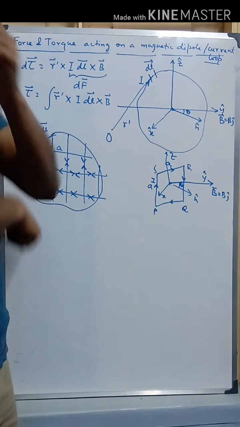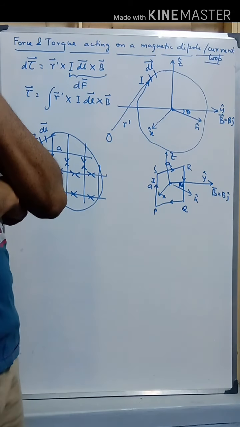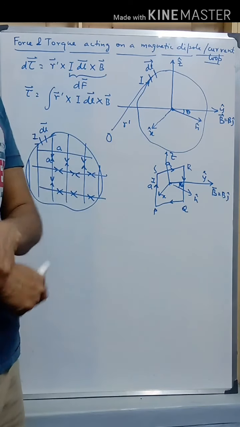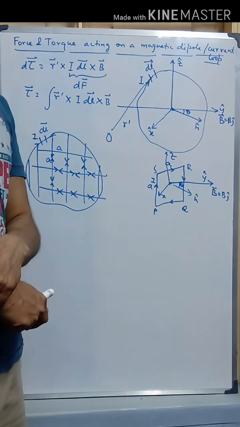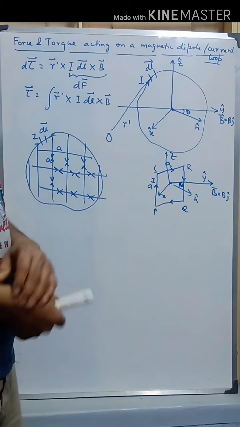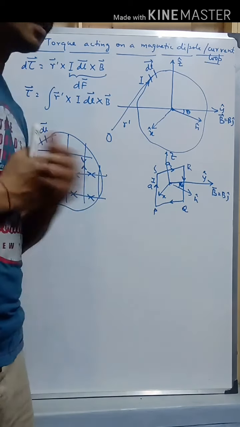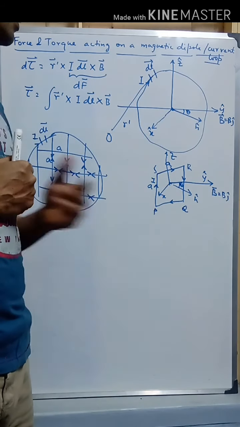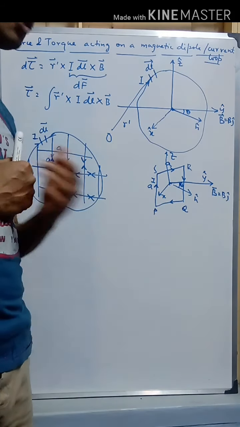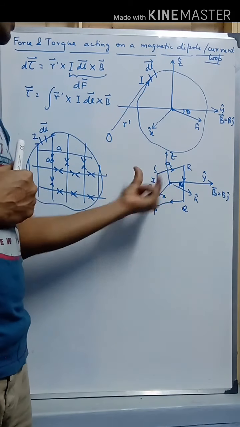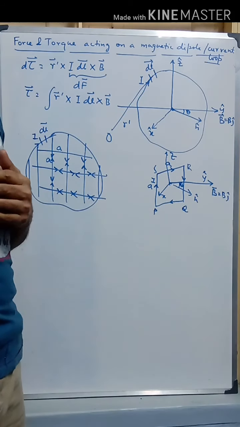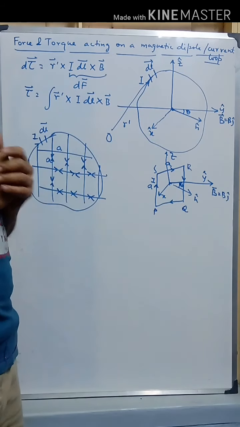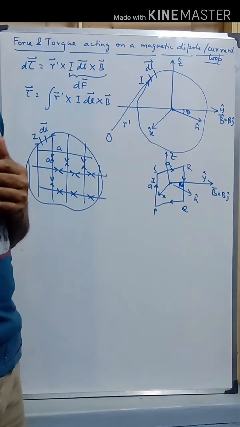We want to find the torque acting on the loop in the presence of the external magnetic field. So let us first calculate the torque acting on this elementary square loop of side A, carrying the same current I.